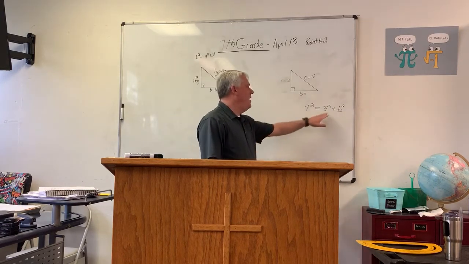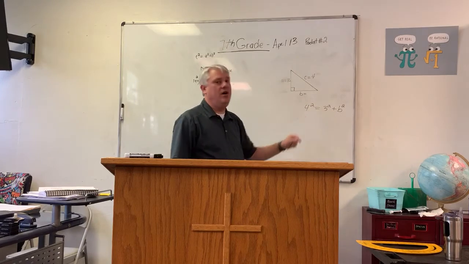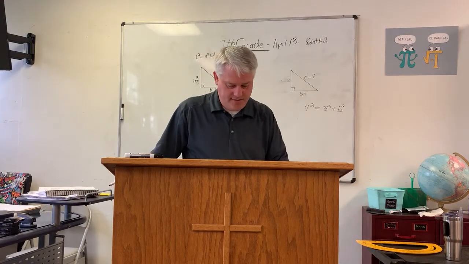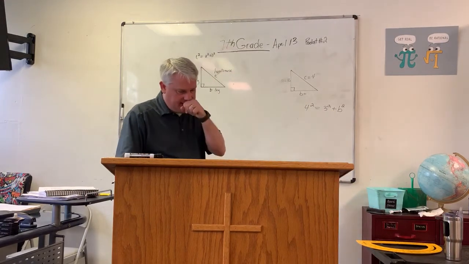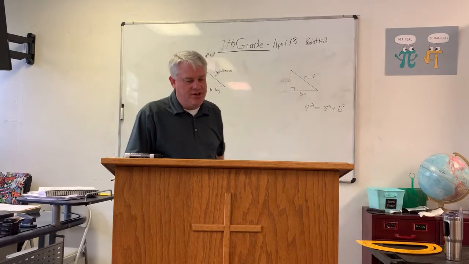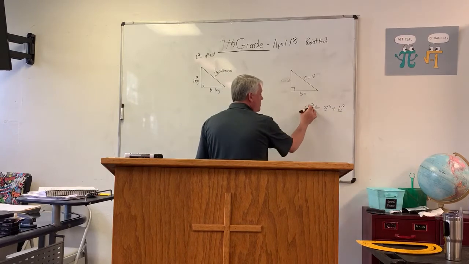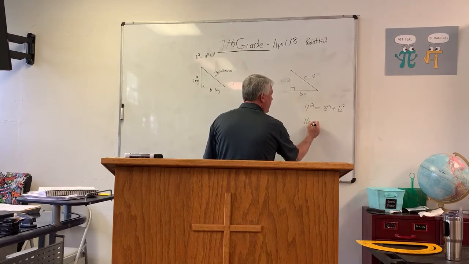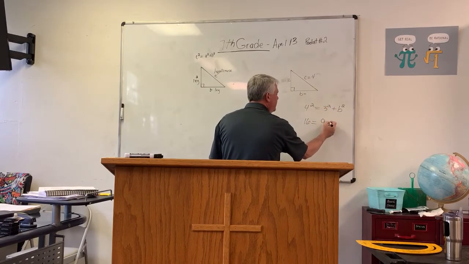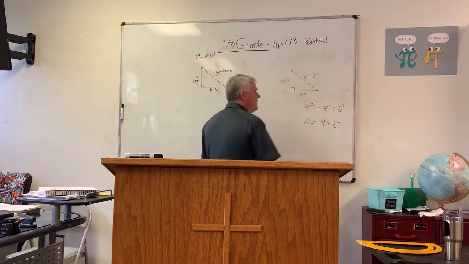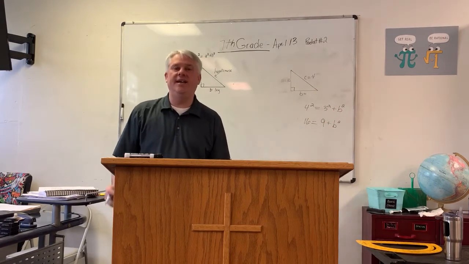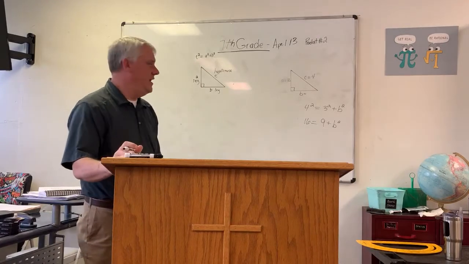Now, my unknown is over here on the other side of the equation, and we'll fix that in just a second. The first thing we want to do, guys, is simplify what we can. 4 squared is 16. 3 squared is 9. 16 equals 9 plus B squared.